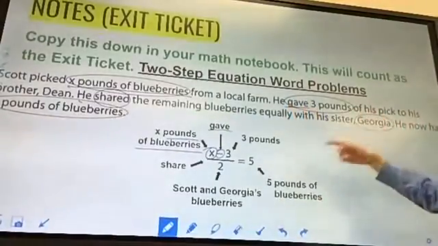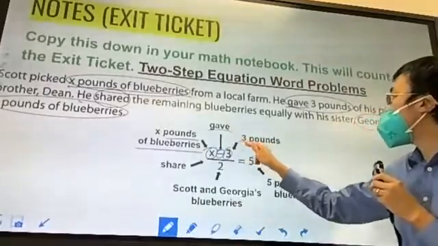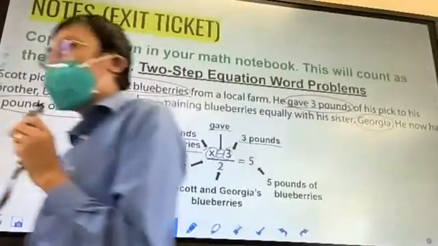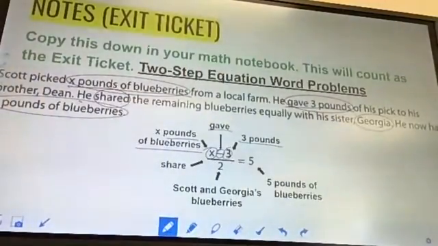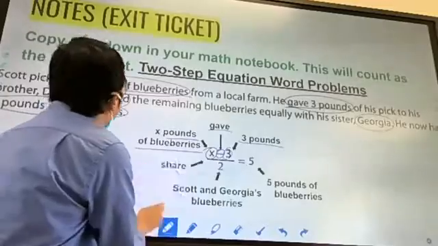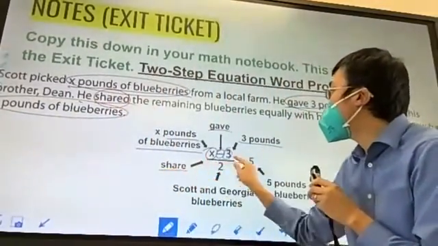And then 3 pounds, that's the amount that we're losing. So I'll circle that with 3 pounds. And then he shared, as you saw in the sort activity, sharing means you're dividing it up. You're giving your portion to someone else equally. So I'm going to highlight that right here, share. And share means dividing in this case.